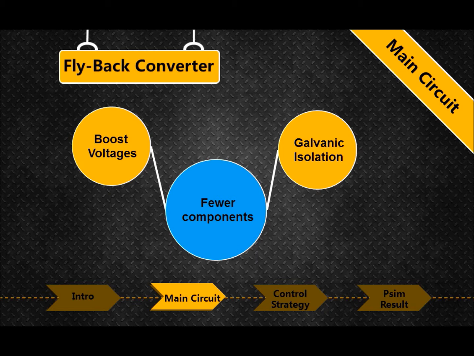And last, we chose a flyback converter because it will boost voltages with fewer components and with galvanic isolation. But it's actually a trade-off because we may have lower efficiency, and the primary side of the converter transformers will possibly be saturated.